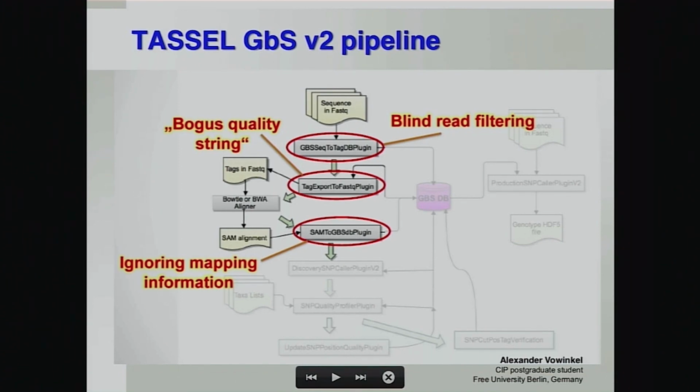Second, each sequence was not attached to some predicted value about the quality of the sequence. That is also very useful to know. At that moment, we didn't have those values. And the worst was this: they were ignoring mapping information.